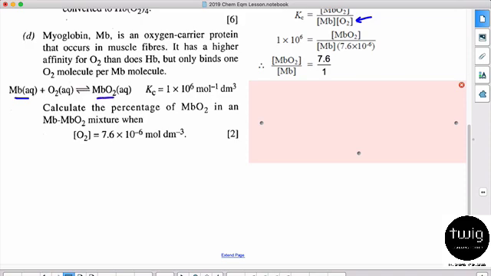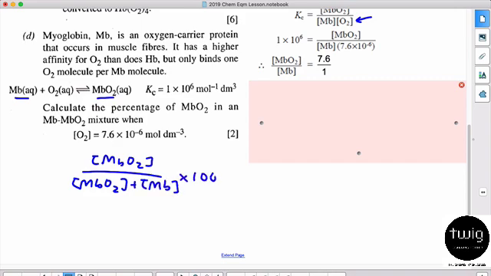So actually what you want is the MbO2 over the total amount of Mb, whether it's Mb which is oxygenated as well as the Mb that is not oxygenated, and then you multiply by 100%. Actually this one is 7.6. I wrote 7.6 over 1 just to make it a bit clearer to everybody. So what do you think is this number here? What over what times 100%? So the numerator will be 7.6.